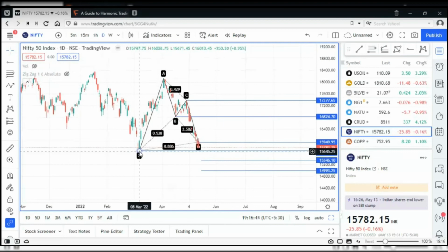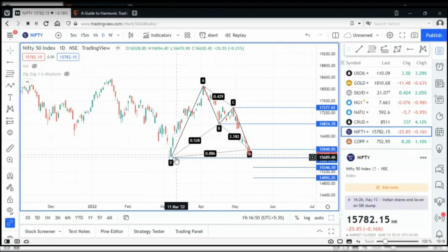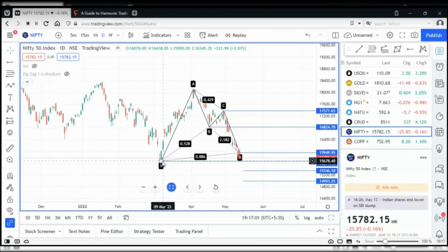So bat means, if we draw from X to E, I'll let you know in detail. The stock fell from here, took support here, and went up. Again there was some pullback, it went up and then fell down. So if we draw from X to E, A to B, we got this value 0.582, and B to C, we got 0.429.